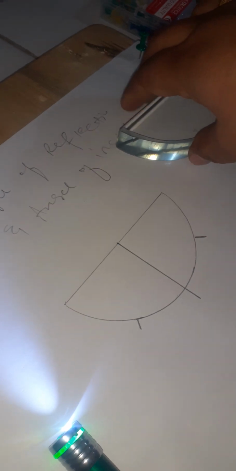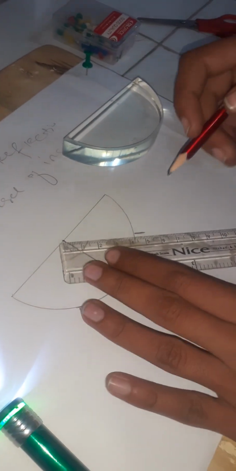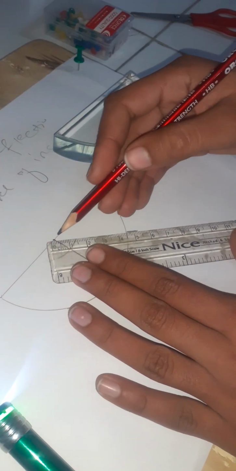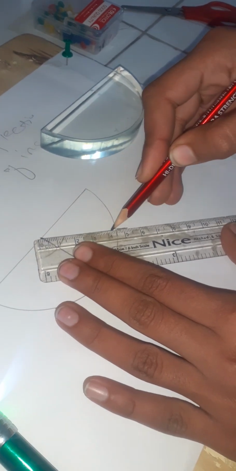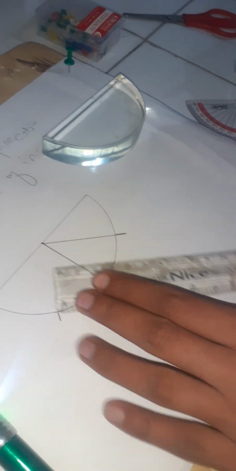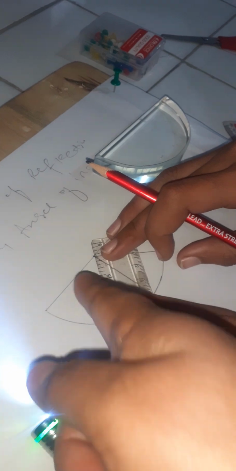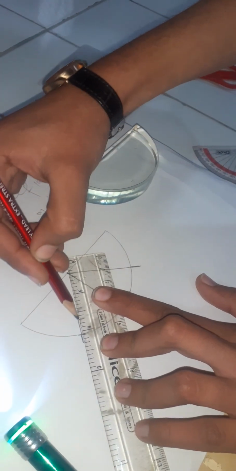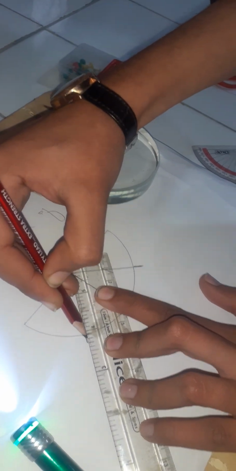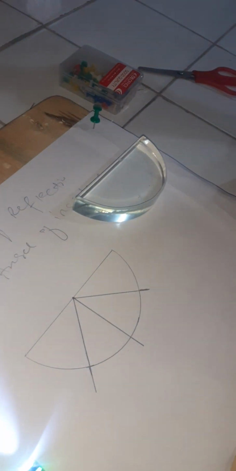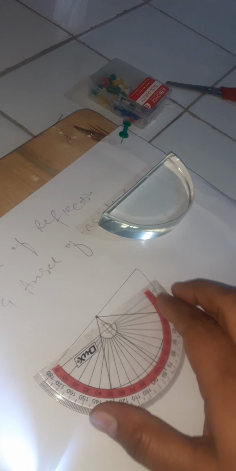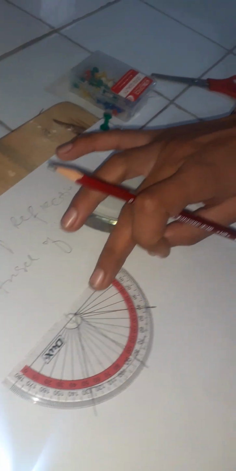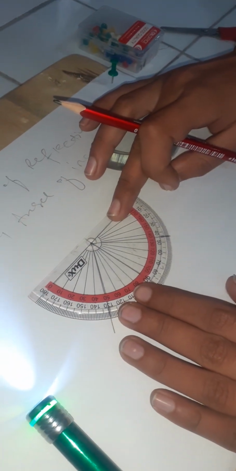So we will move on, and then we will determine the value of angle of incidence by joining these points and then this incidence side, and then we will measure the angle on both of these sides by placing a protractor over here.